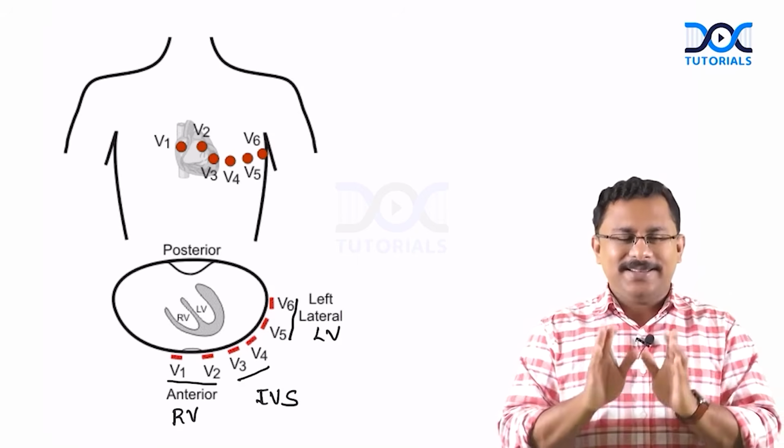Okay, just keep that in mind, because we are going to see the genesis of the QRS complex, and subsequently that will help us understand the morphological abnormalities that occur in case of a right bundle branch block or a left bundle branch block.